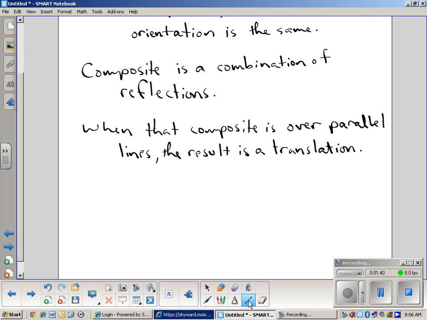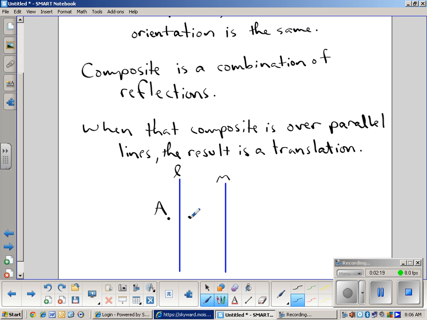So if I draw a couple lines here, and I just put a point, oops, sorry. I put a point here, we'll label it A. If we reflect A over line L, I get, we'll pretend that.